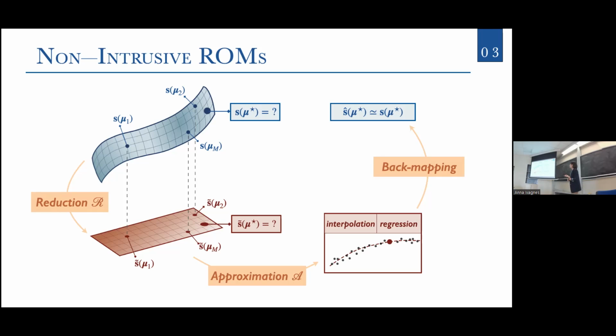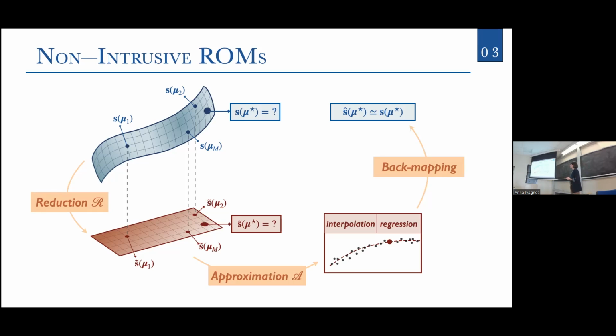Okay, and then you want to compute your solution for an unseen parameter. This is your problem. So what we can do is project this manifold into a space with reduced dimensionality. This can be done with a linear approach like POD, but also with non-linear approaches.